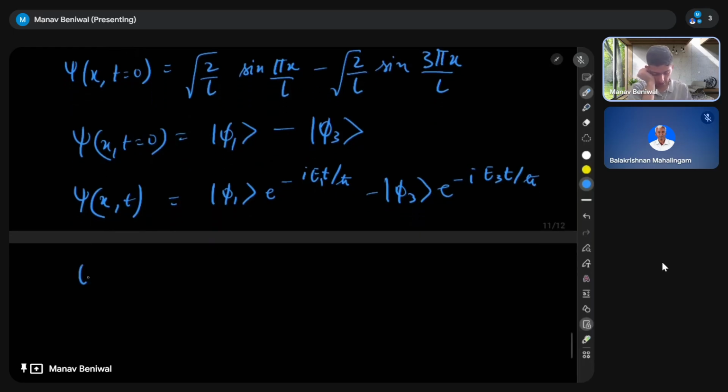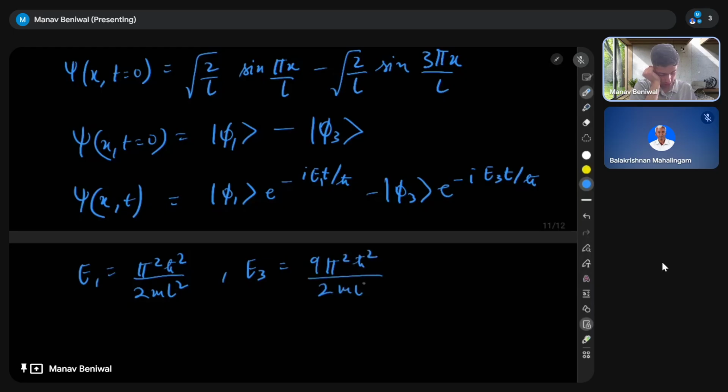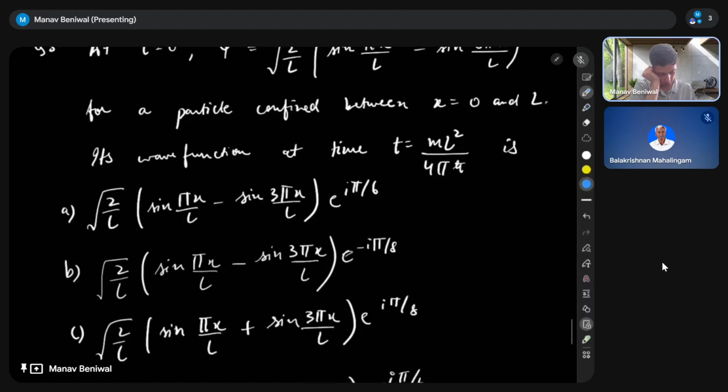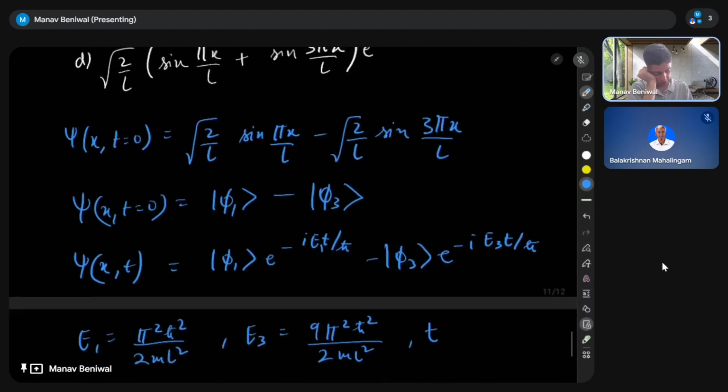Where E1 we know is simply pi squared h cut squared over 2 m L squared, and E3 is 9 pi squared h cut squared over 2 m L squared. Also the time t that is given to us in the problem is m L squared over 4 pi h cut.